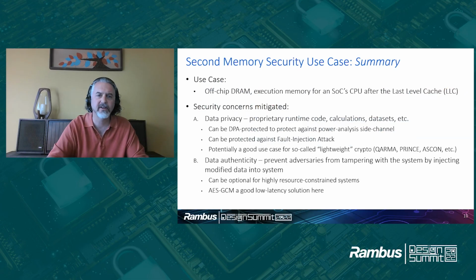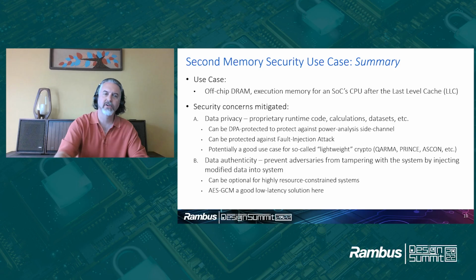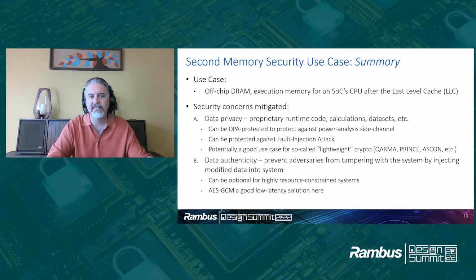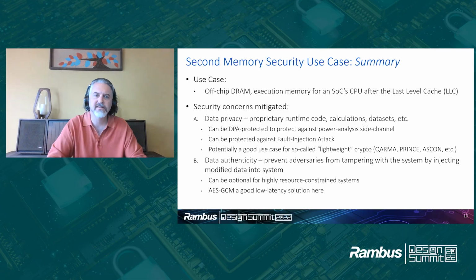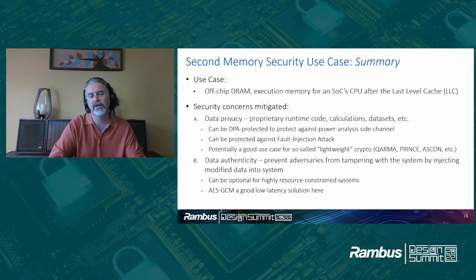So in summary of that second use case, off-chip DRAM, it's the execution space. It's a very challenging space to be able to insert crypto without breaking the system. The system so wants to break when you insert something in the middle of it. It's difficult to do well. The data privacy should be DPA protected to protect against those power analysis attacks. It can optionally be protected also against fault injection attack.